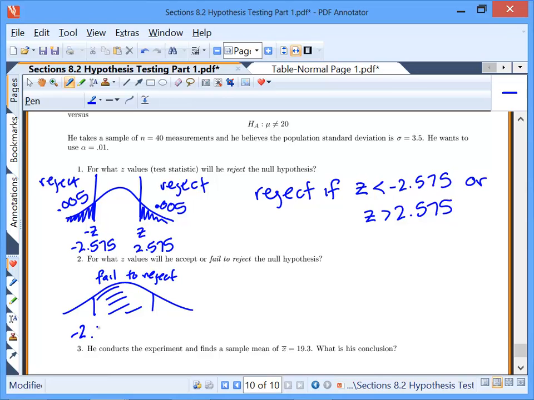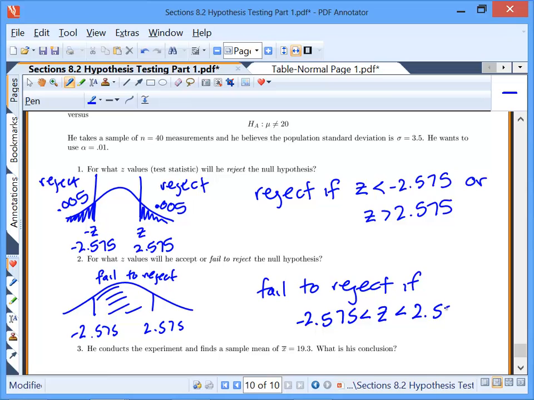So from negative 2.575 to 2.575. So fail to reject if Z is between negative 2.575 and 2.575.